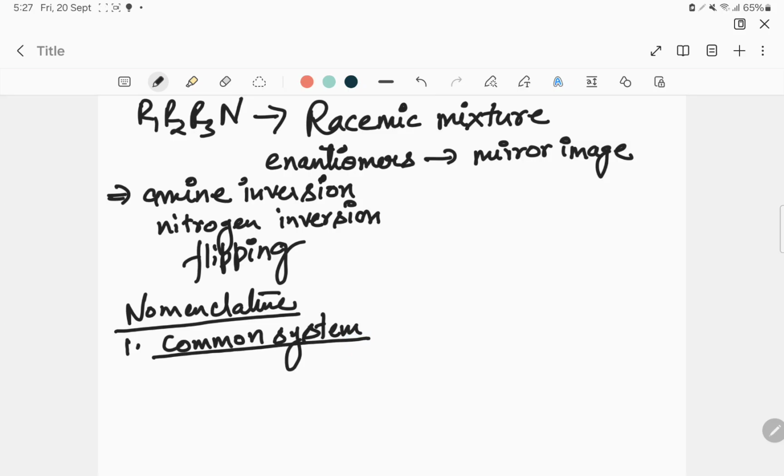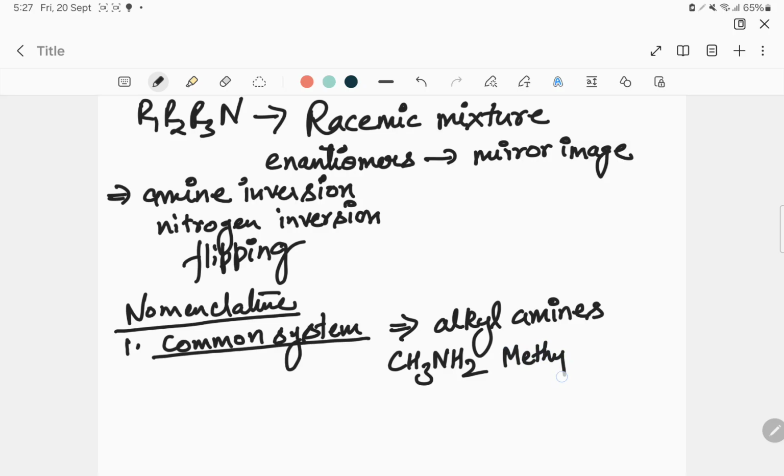In case of common system of nomenclature, these are going to be named as derivatives of ammonia. They are generally named as alkylamines. For example, we are taking the simplest kind of amine, CH3NH2. This is known as methylamine.